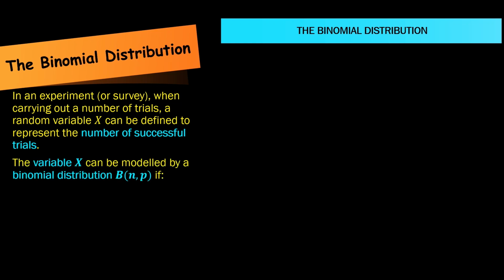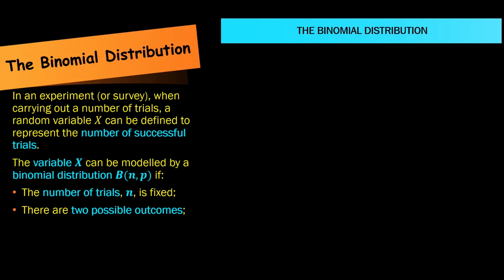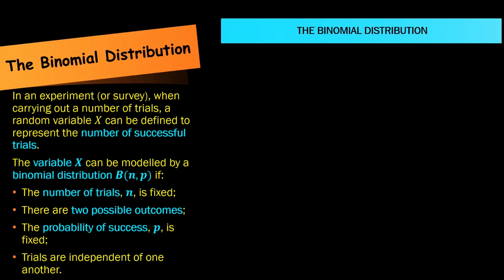The variable x can be modelled by a binomial distribution B(n, p) if the number of trials n is fixed, there are 2 possible outcomes only, the probability of success p is fixed, and trials are independent of one another.